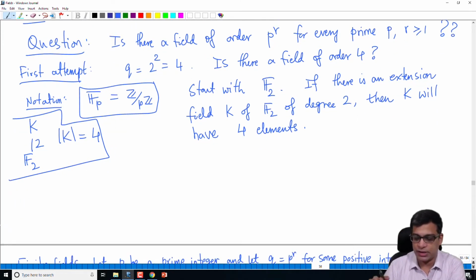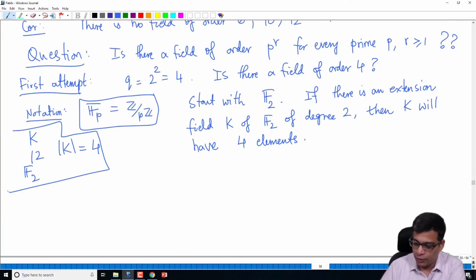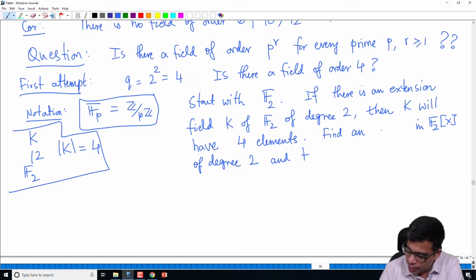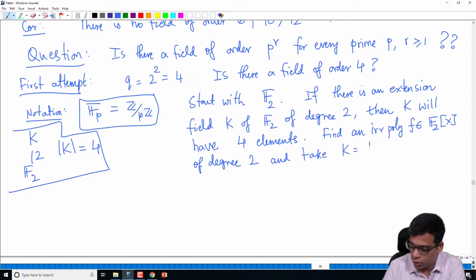Now the question is, how do we construct a degree 2 extension? All we need to do is find an irreducible polynomial f in F_2[x] of degree 2 and take K to be F_2[x] mod f.